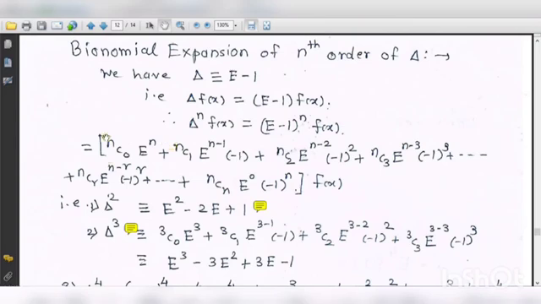Here you can see in the formula that this is nC0, then this is nC1, then this is nC2, and this nC3. So what are these values? These are combinations, C for combination, but in this formula these numbers are binomial coefficients. Here the word is binomial, spelled B-I-N-O-M-I-A-L. So it is binomial expansion.